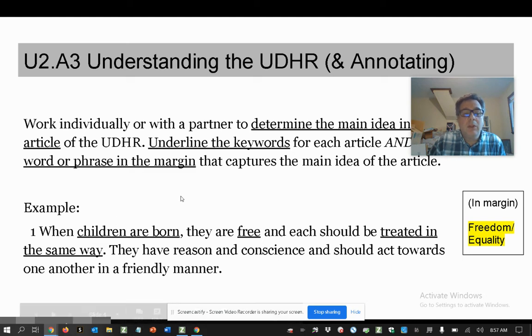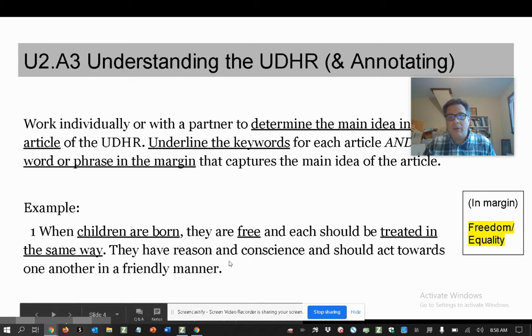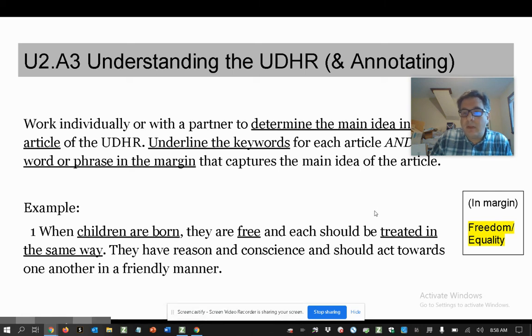Okay, children and into adulthood are free, and they should be treated in the same way. Okay, and be good to one another. And you may have wanted to underline one or two other things here. That's okay. But that's what I've got underlined for this assignment. So in the margin, then, you're going to summarize it by writing freedom and equality.